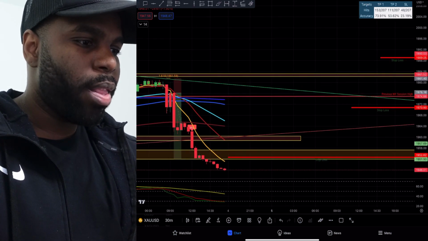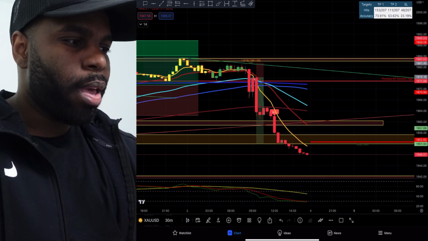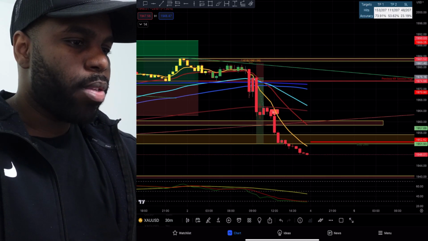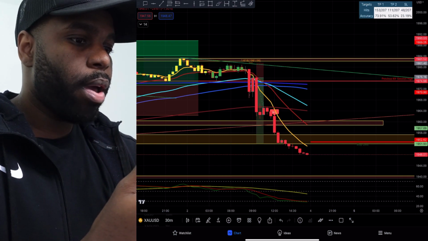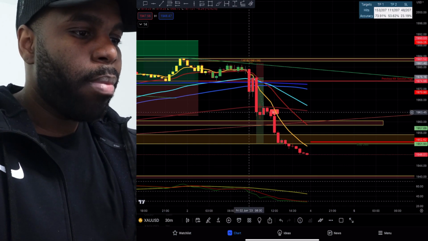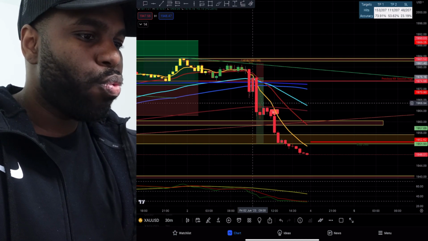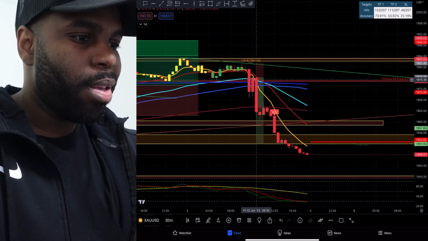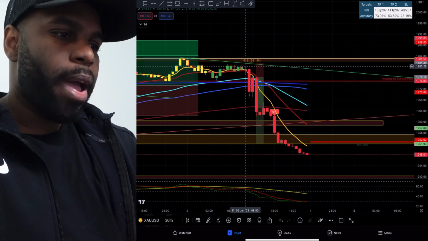As you can see, I have a red line right here. It broke the horizontal line, the New York session high. This candle broke it, then this candle came back up and retested, and that's when the market started going down.